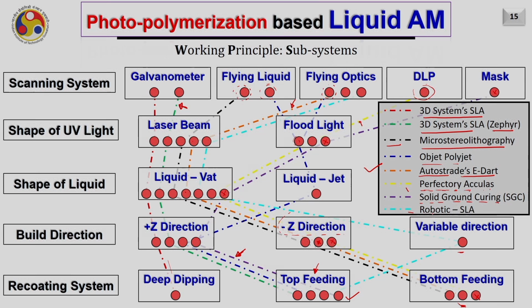And the last one is robotic SLA, which can use flying optics and a laser beam. It can go inside the liquid vat tank and hence a liquid vat, and also it can build the part in variable direction, and further the feeding can be done from the top.